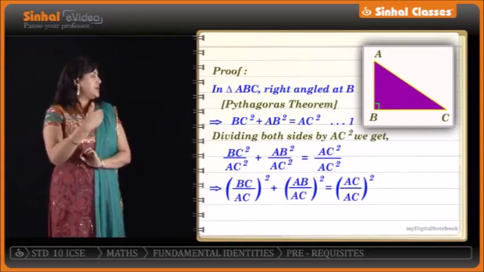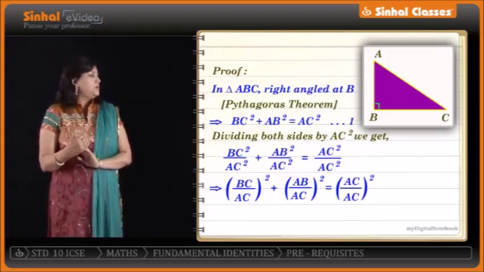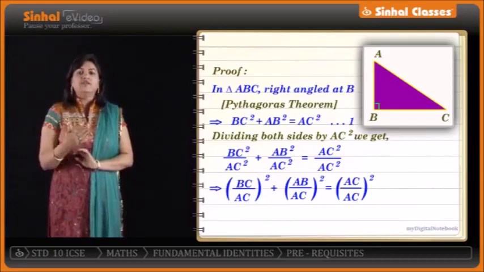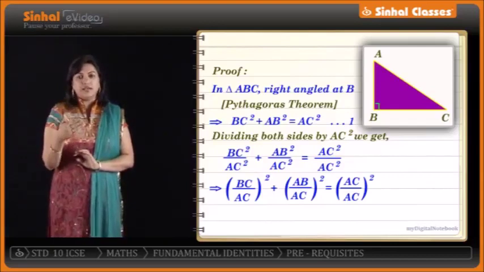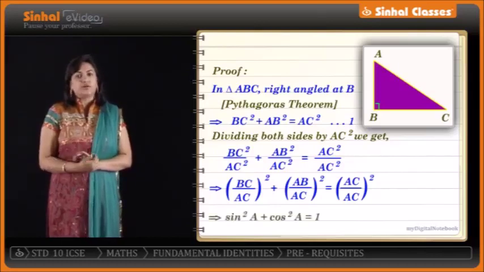Now what is BC upon AC? It is sine A. So we have sine square A plus AB upon AC is cos A. We have cos square A, which is equal to AC upon AC is 1. So we have got the required result as sine square A plus cos square A is equal to 1.